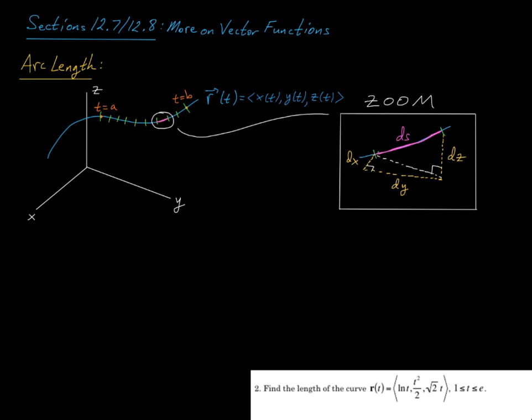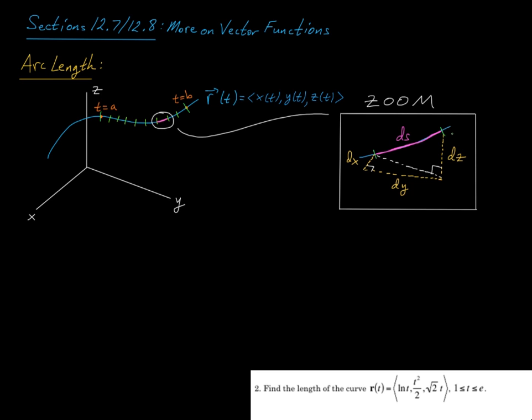Okay, and now as we move from this tick mark to this tick mark, we have to move a certain amount in the x direction, so that's this differential change dx, and then likewise we have to move a certain amount in the y and the z direction, so those are the differential changes dy and dz respectively.